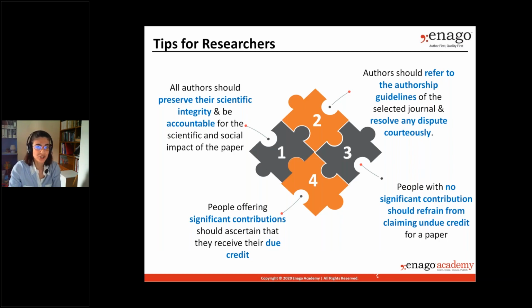So, tips for researchers. All authors should preserve their scientific integrity and be accountable for the scientific and social impact of their paper. Our publications in the research world are the main way to showcase our work, the quality of our work, the quantity of our work, and a means to be recognized for what we contribute to the scientific world.